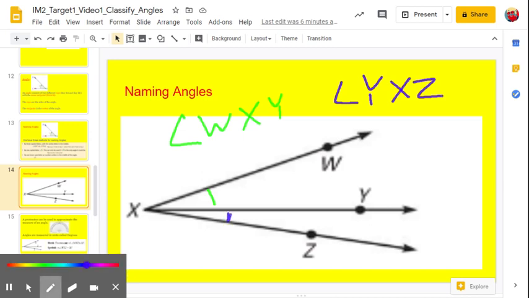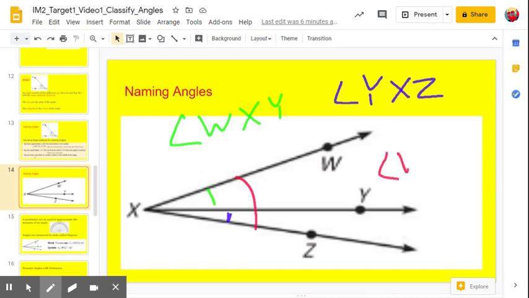And I see another angle. If I use this entire angle there, that's going to be angle W, X, Z. So those are three angles I hope you wrote down.